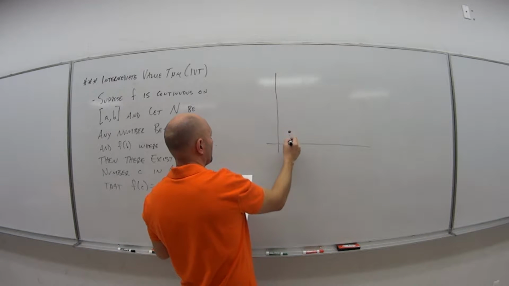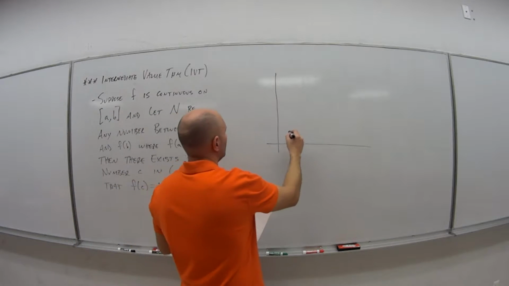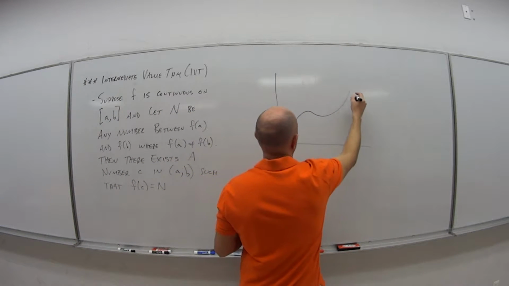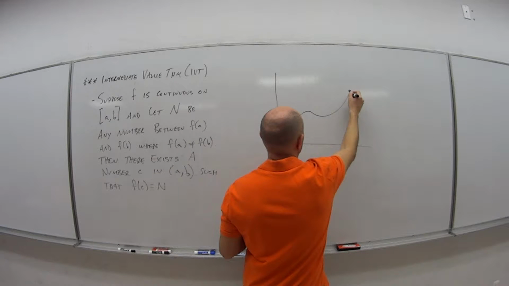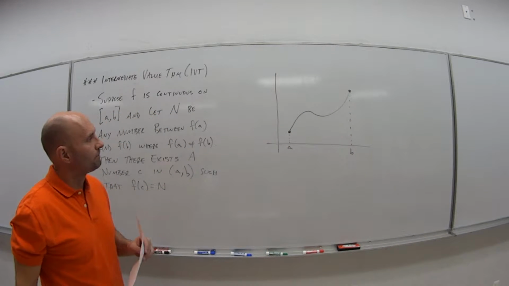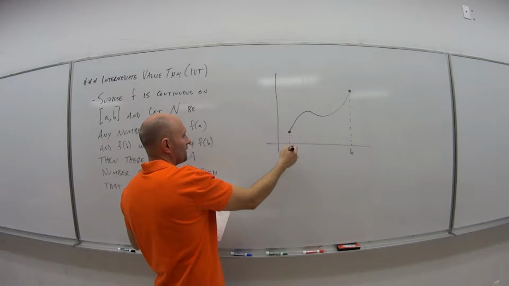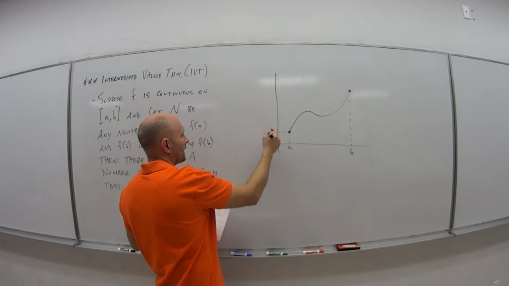let's say I have some point here, this is my value A, and I have some curve that goes to this point here, which is B. So if this is my value A, if I come back to the y-axis, this is what?